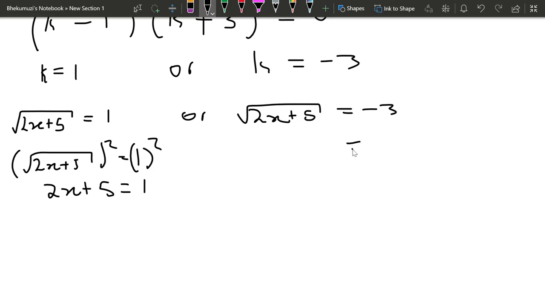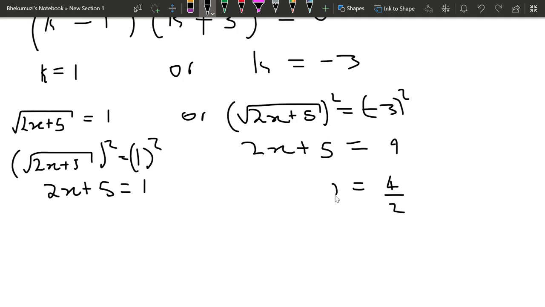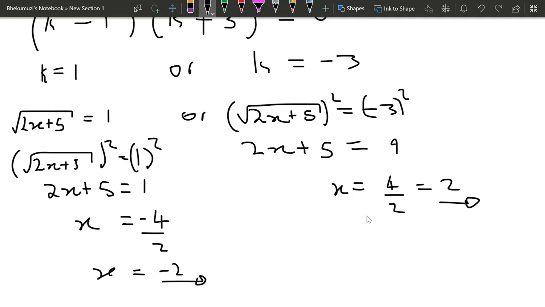And in this case, it would be 9 if I did the same thing and squared the other side. So 2x plus 5 equals 1, which gives us 2x equals minus 4, so x is minus 2. And for the other, 2x equals 4, and that's just 2. So we get two solutions: 2 and minus 2.